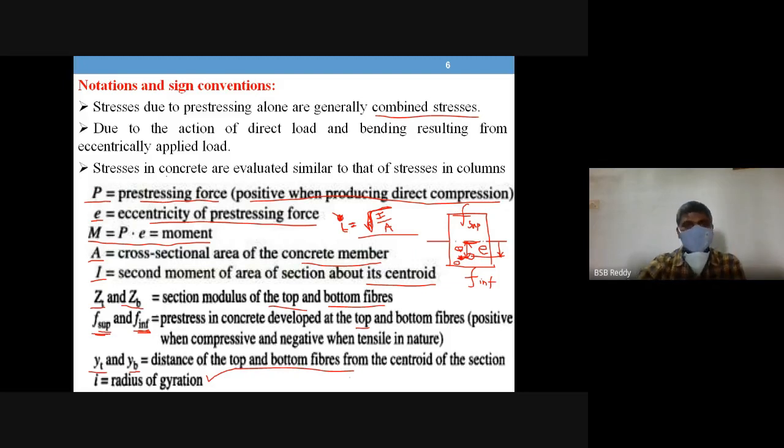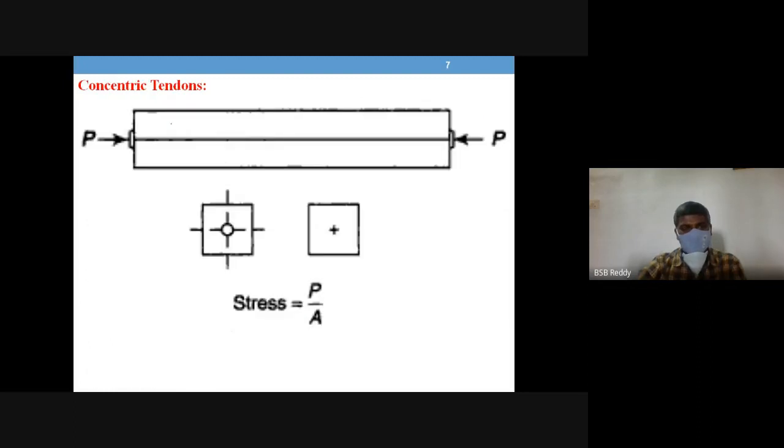Taking the concentric tendons case, where the tendon or duct is provided exactly at the CG of the concrete section, as you see here, this is the location for the tendon to be placed, and the stress is direct stress and it is compressive.